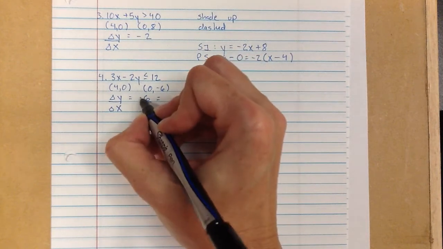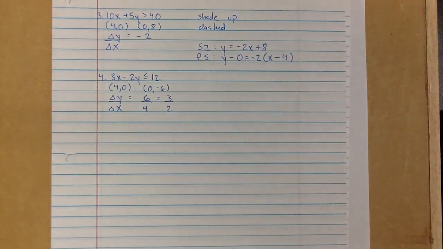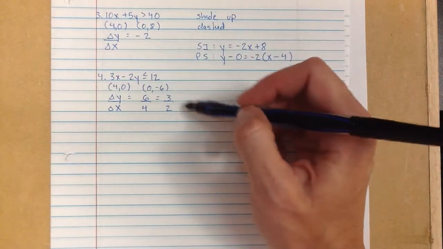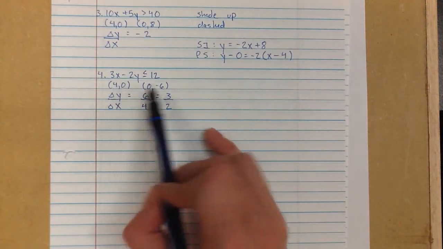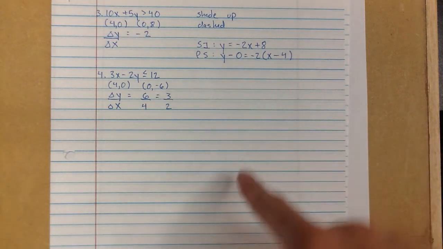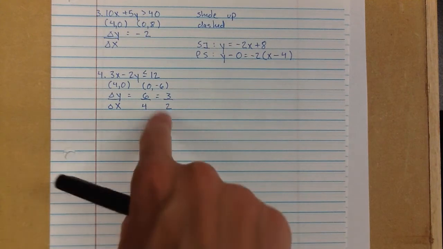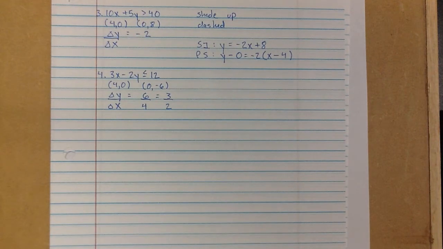Well, I actually have negative 6 and 4. It reduces to 3 halves. So this part I'm getting from right here. The positive, negative part, it's coming out of your brain. I mean, we could plug it in and do the whole y2 minus y1 over x2 minus x1 stuff, but just think of the picture. So your slope is 3 halves.